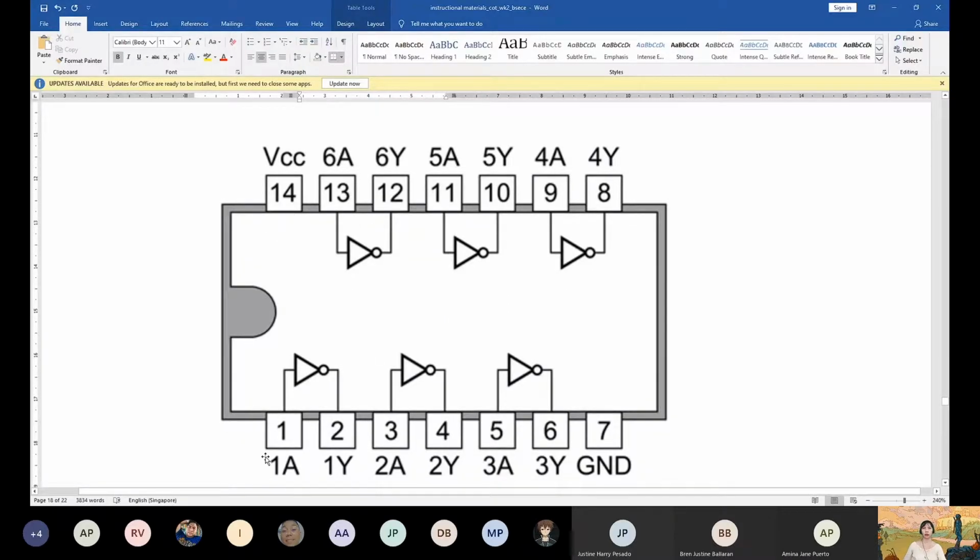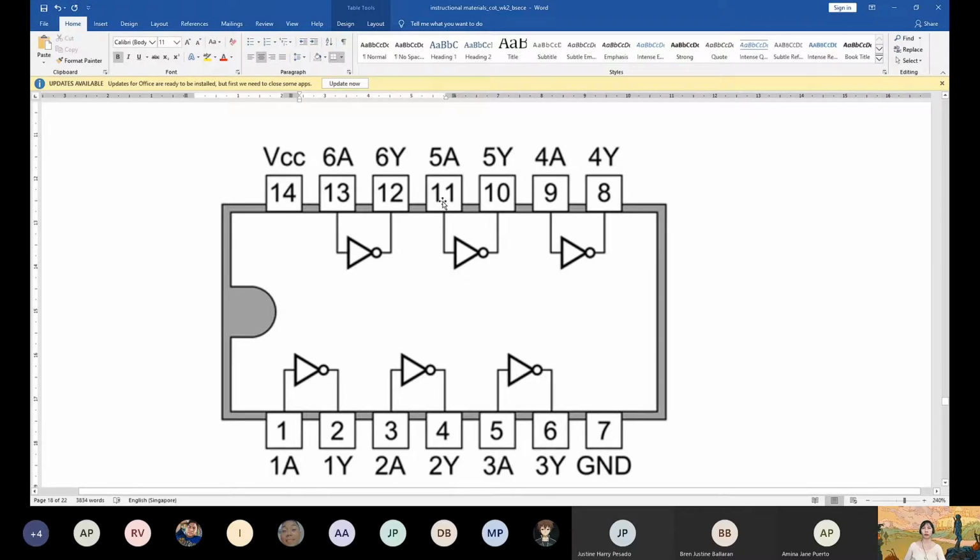For inverter gate number 1, you have pin 1 as input, 2 as output. For gate number 2, we have 3 as input, 4 output. Gate number 3, you have 5 as input, 6 output. For gate number 4, we have 9 as input, 8 output.